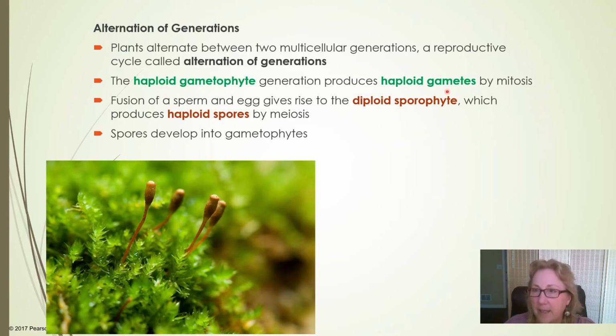Gametophytes make gametes, sporophytes make spores. So that's one way to remember it. So the haploid gametophyte produces gametes by mitosis because, of course, it's already haploid. Gametes fuse, fertilization, and we get a diploid zygote, which forms a diploid sporophyte, which is going to produce haploid spores by meiosis.